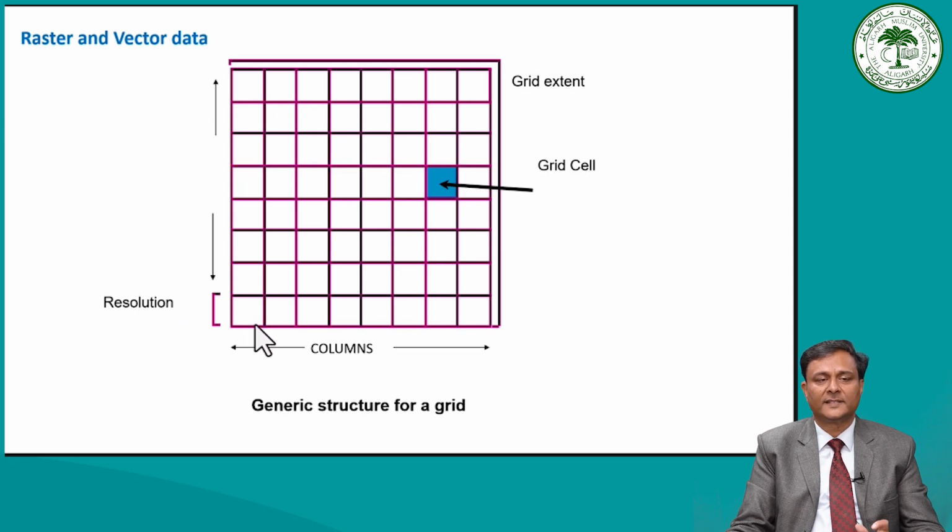The size of this grid cell would represent the resolution, and the extent of the grid can be seen over here, from this side to this side on the x-axis, whereas the grid extent is also in the form of the y-axis. So we have rows as well as columns, and one grid cell size is represented as highlighted here in this structure of a grid.